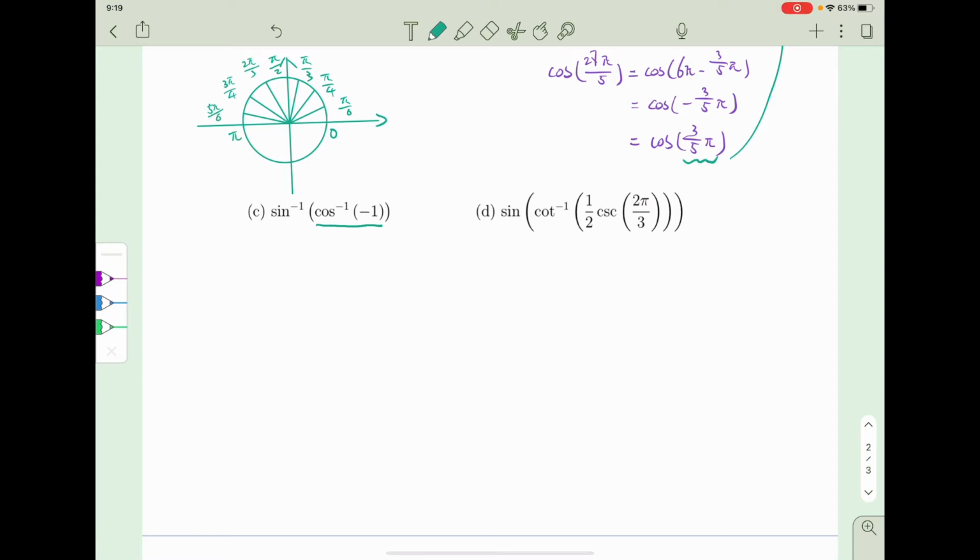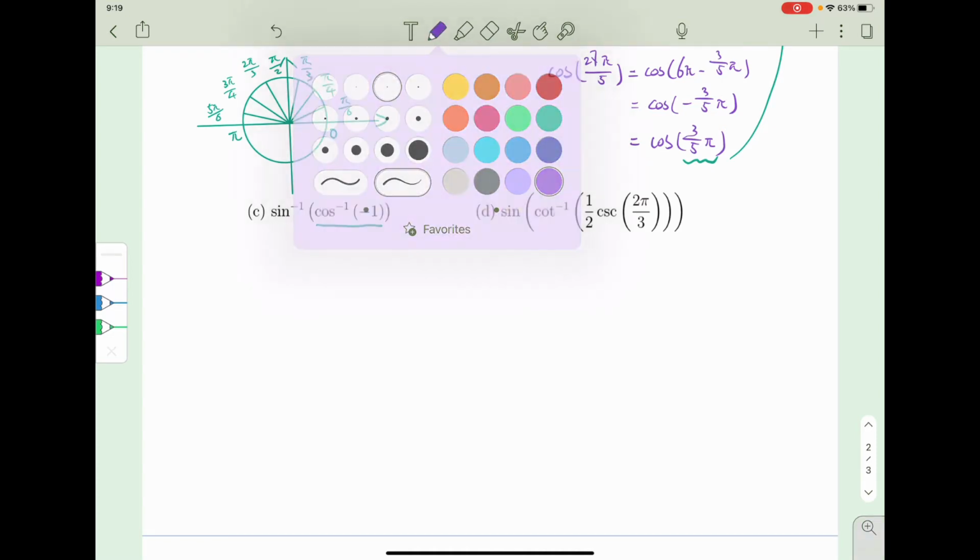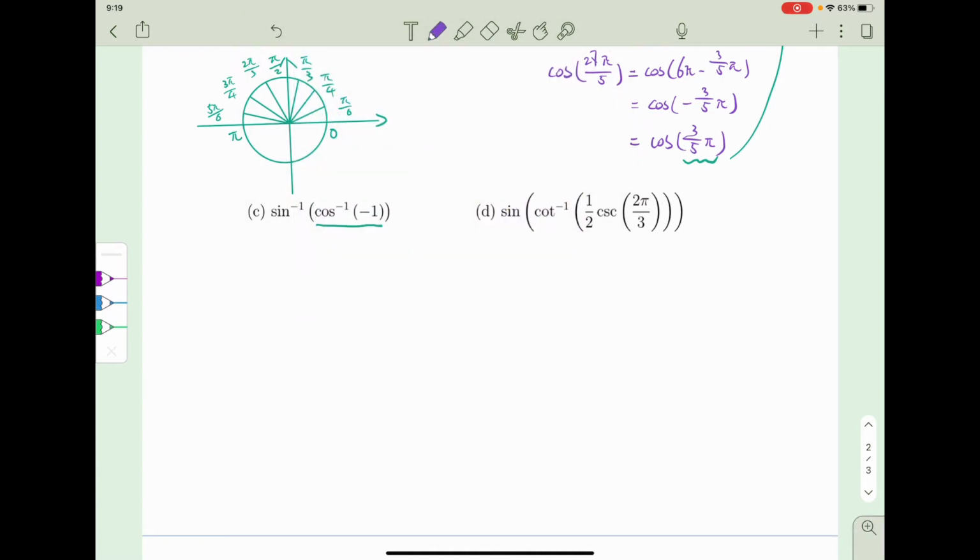This is pi. So when we're looking at the cos value, we're talking about the x-coordinate. When the x-coordinate is -1, you see that this point is here, and this is corresponding to theta equal to pi. Right? So this one here is pi. So what we are looking at here is actually sine inverse of pi.